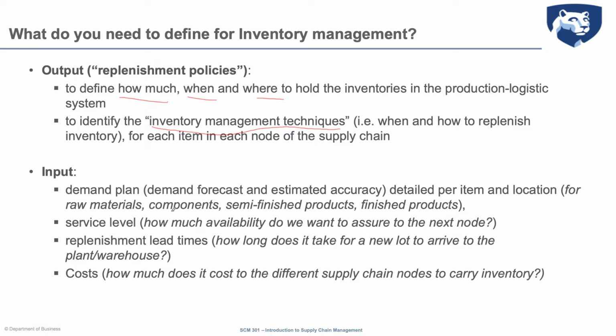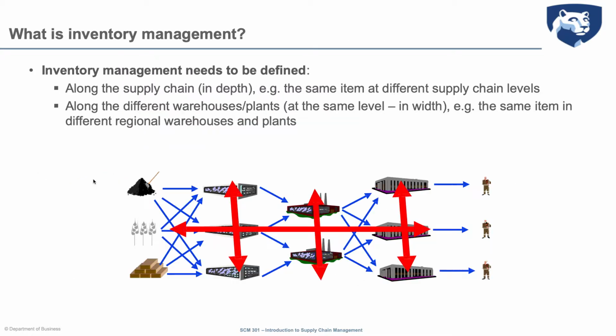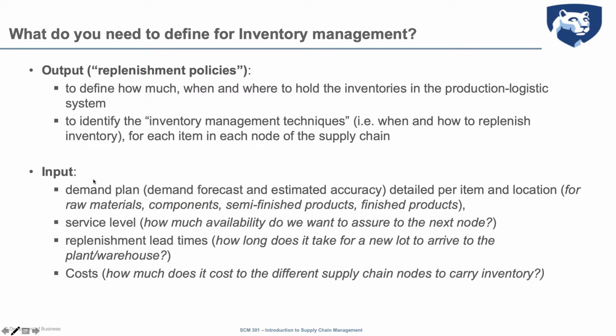To do that, what do you need to know? You need to know, of course, the demand plan. That's why demand management and planning was fundamental to be addressed first, because inventory, so how much material I need, when and where, is a function of when and how much I have to satisfy, and how much is my demand.